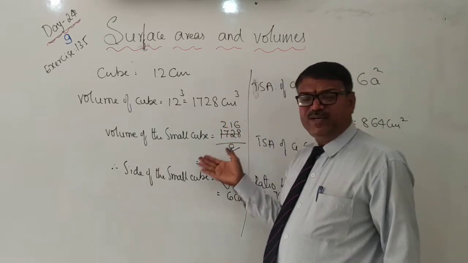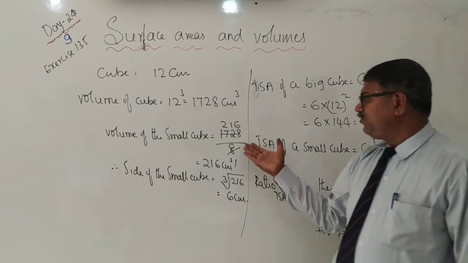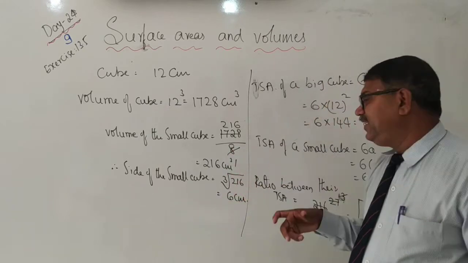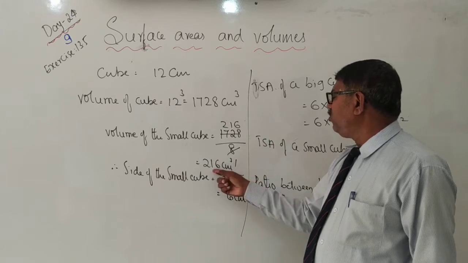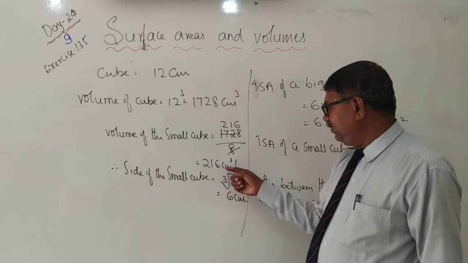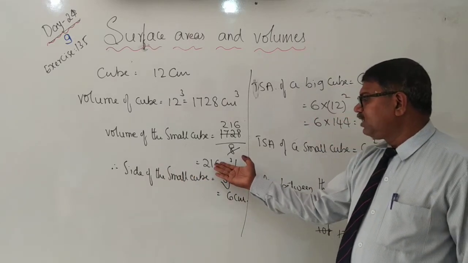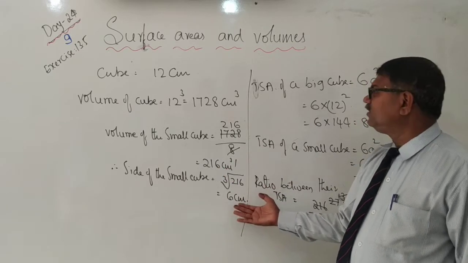So this has been divided into how many small cubes? 8 cubes. Therefore, if you divide, we will get the volume of the new one. Volume of 1 cube is 216 centimeter cube. Therefore, the side of the small cube is nothing but the cube root of 216. We will get 6 centimeters.